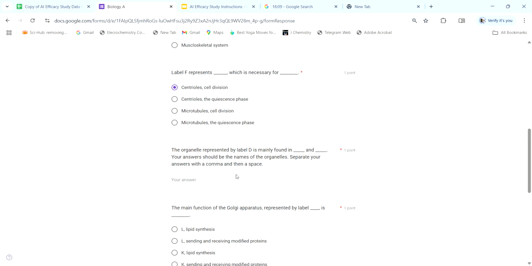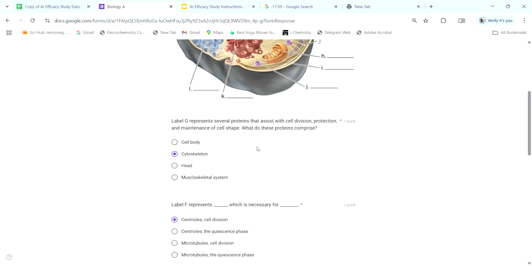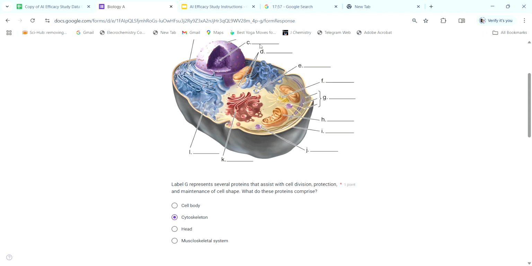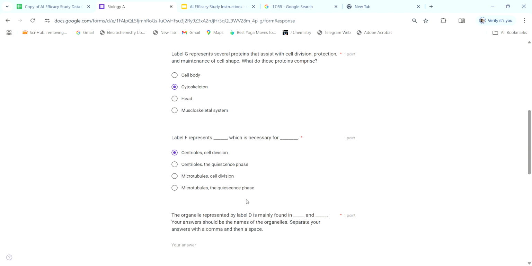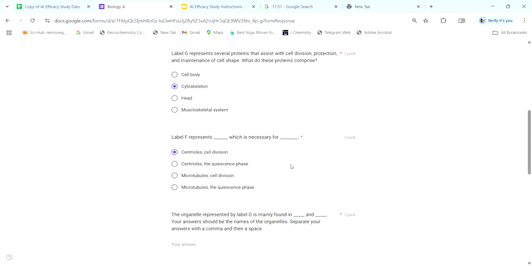So next question is that the organelle represented by level D. Level D is mainly found in which portion, and what? Your answers should be the names of the organelles. Separate your answers with comma and then a space.